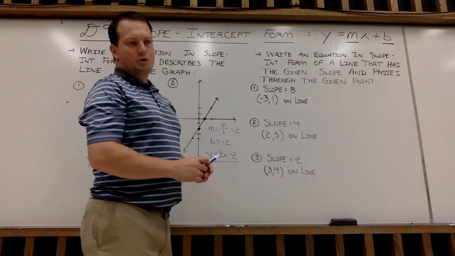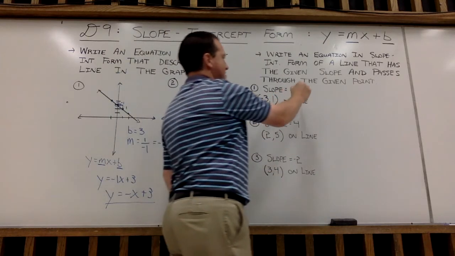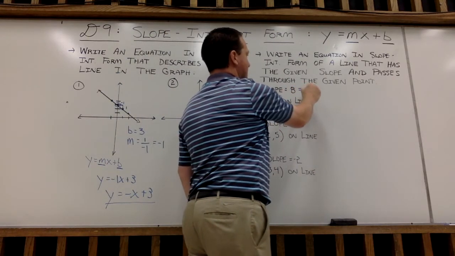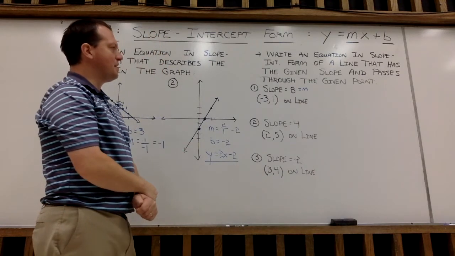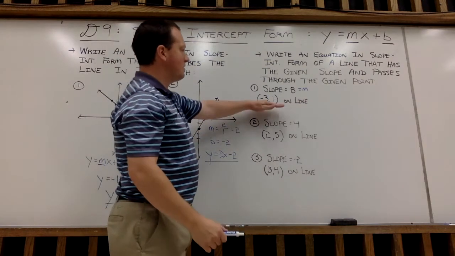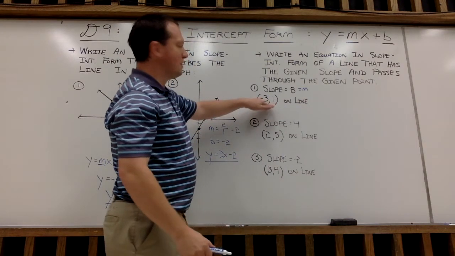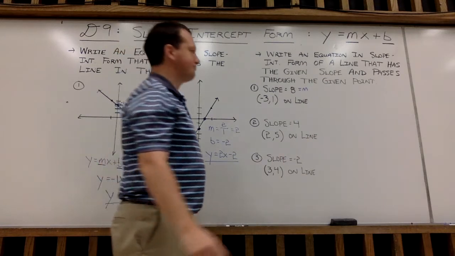Lastly, we have a little algebra to do here. I am going to give you the slope of the line. Again, the slope is m, and then we need to find b, the y-intercept of the given line that we are told a certain point happens to reside on it. So here's what we're going to do.